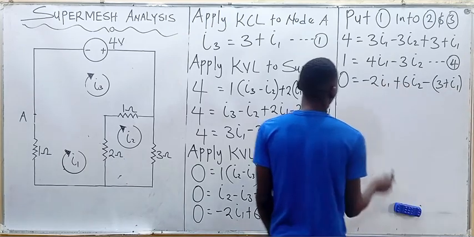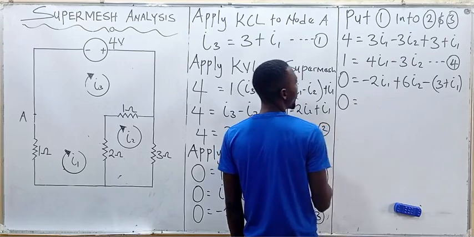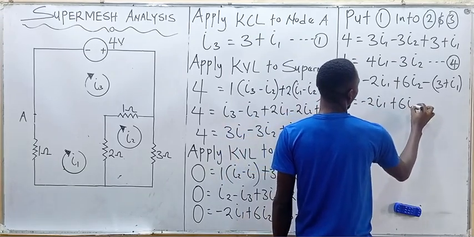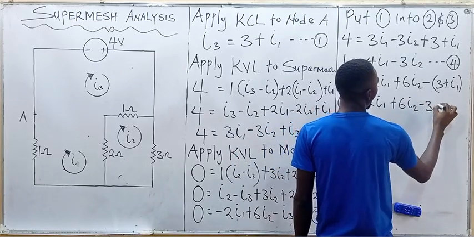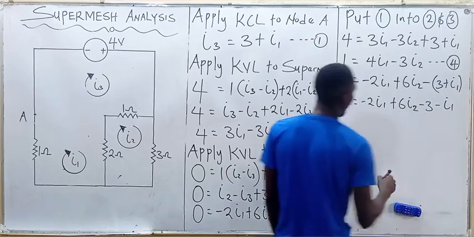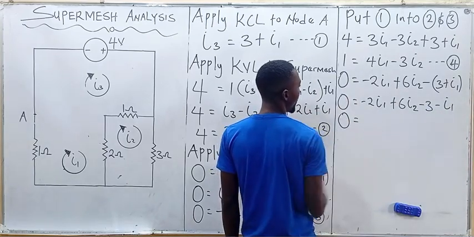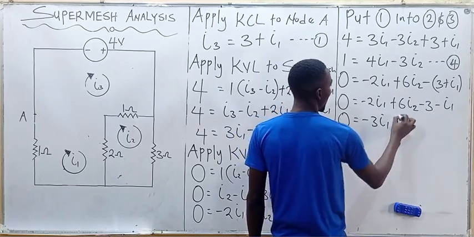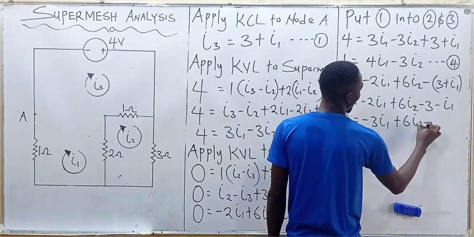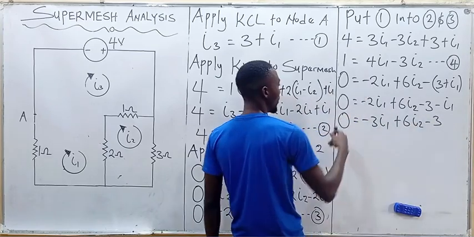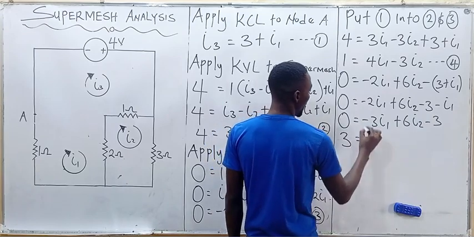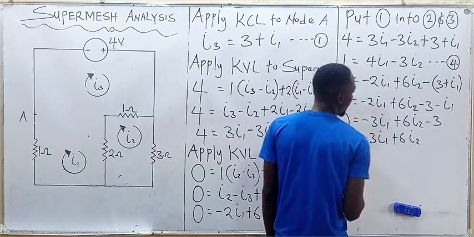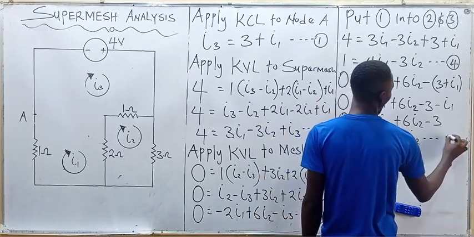All right, so 0 will be equal to minus 2I1 plus 6I2 minus 3 minus I1. So 0 will be equal to minus 3I1 plus 6I2 minus 3. If we move 3 to that side, it's going to be positive 3 equals minus 3I1 plus 6I2. So this is going to be equation number 5.